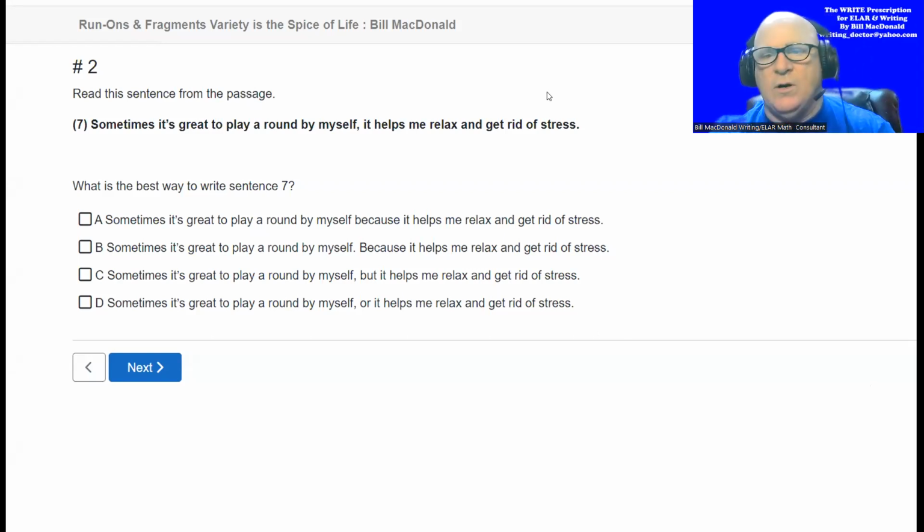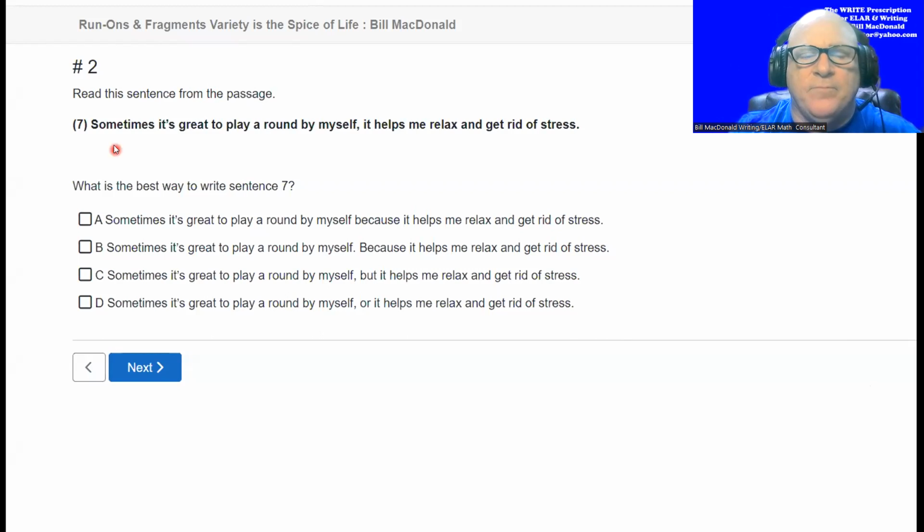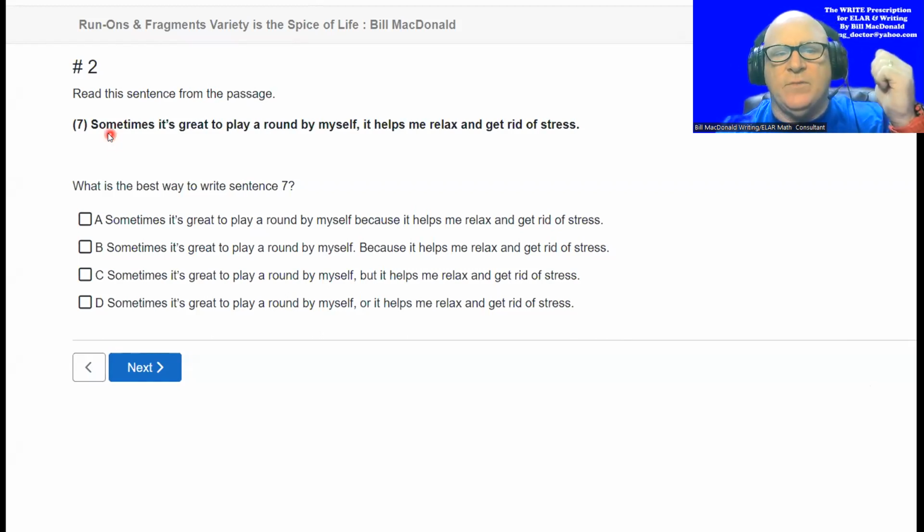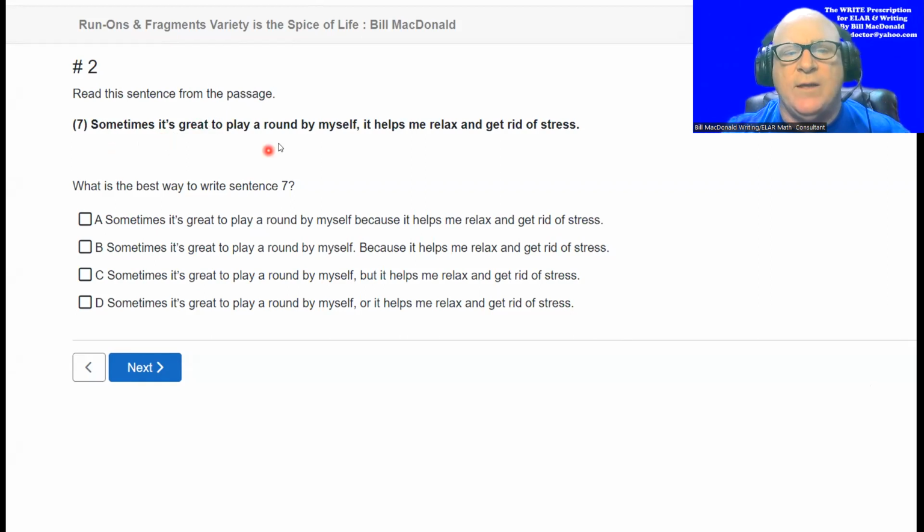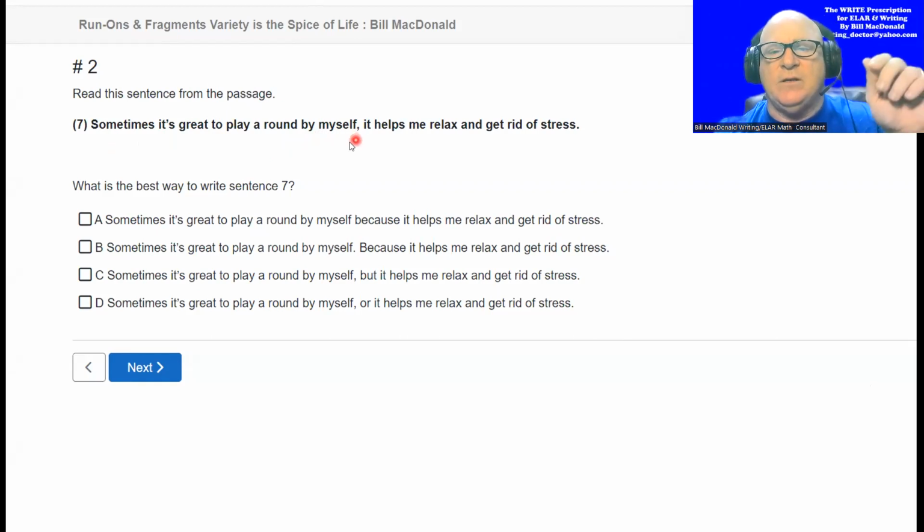Okay. So I want you to notice when I count the words, and we'll kind of do it with the bouncy ball here. Capital, sometimes it's, it is great to play a round by myself, comma, bouncing on the table.